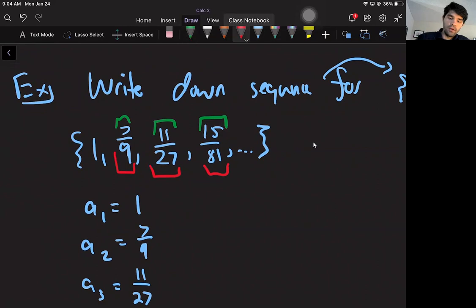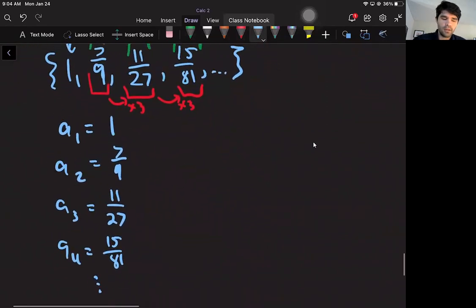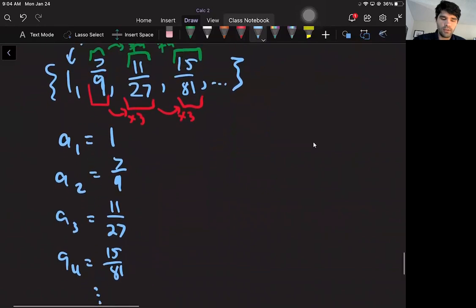So in the denominators, what I'm doing is multiplying by 3. And in the numerator, what I'm doing is adding by 4. So we've actually done both of these in 2 independent problems, but this one sort of throws a wrench in it. But oftentimes we can go back and think about the first term once we've established the pattern.